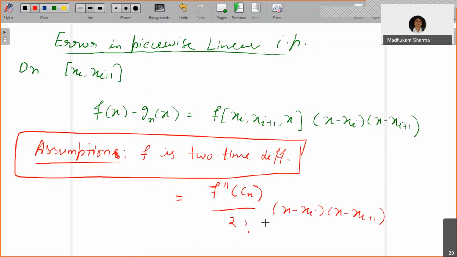Now, if you wish to bound this error, I am going to take the infinity norm on both sides. The infinity norm is the maximum over the interval xi to xi plus 1.